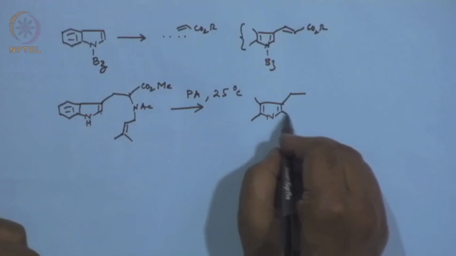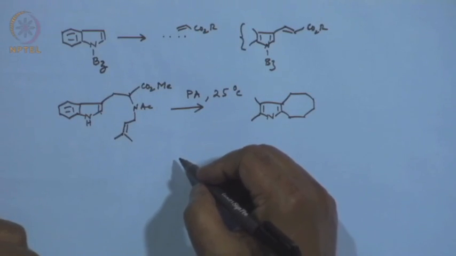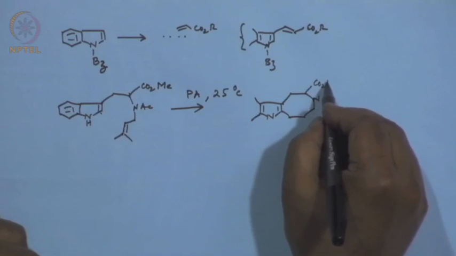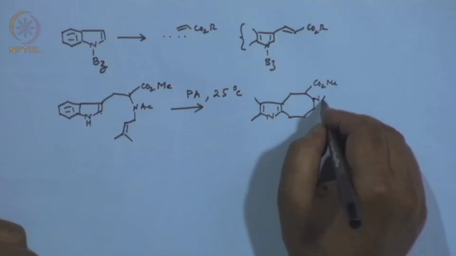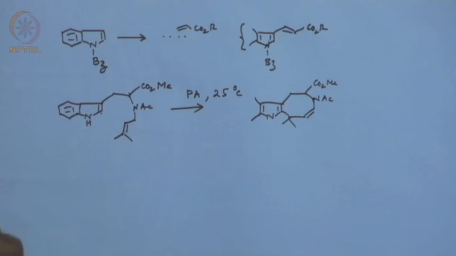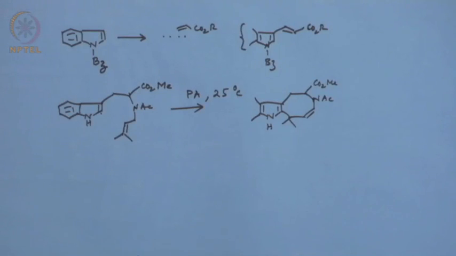So, you get an 8-membered ring system, with nitrogen up here, ester up here, and then a double bond, which is a little unusual though, this one, and you can sit down and work out the reaction mechanism.